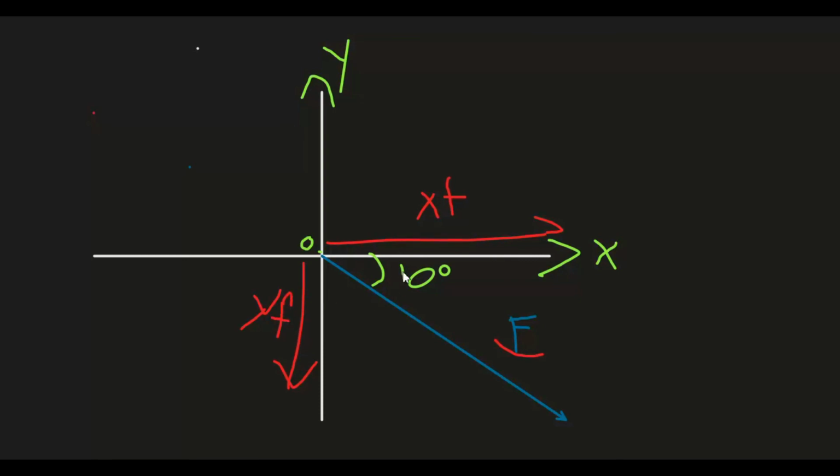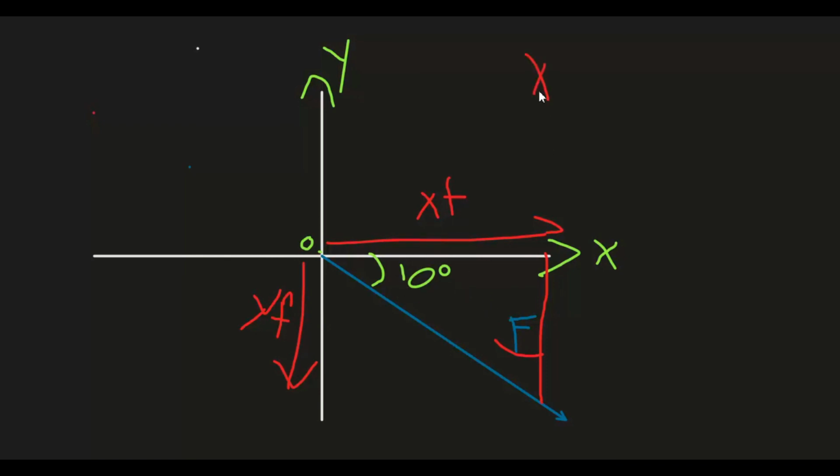So now if I say this is 10 degree and I need to find the x force and the y force, what do I do? Basically the x force is pretty simple. I need this distance, and I can just draw a line here and make it a triangle, and then we use the cos formula, right?